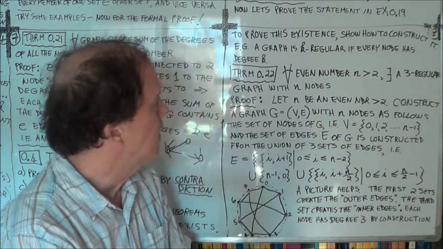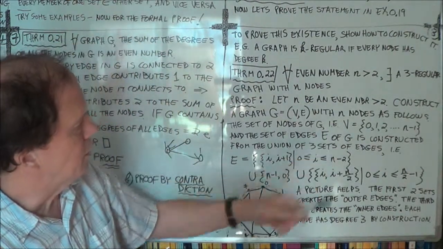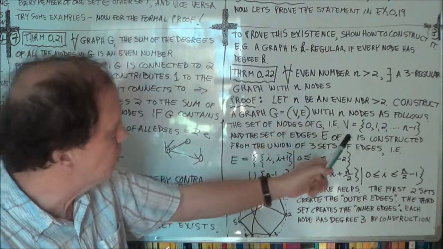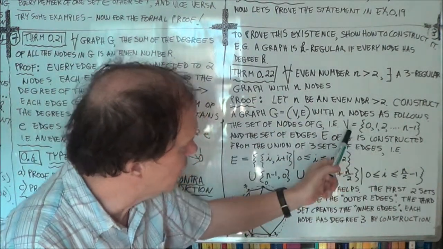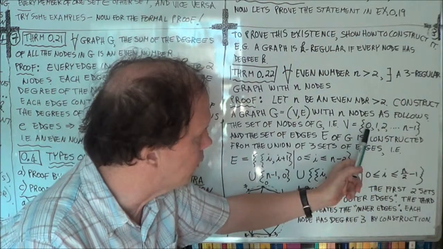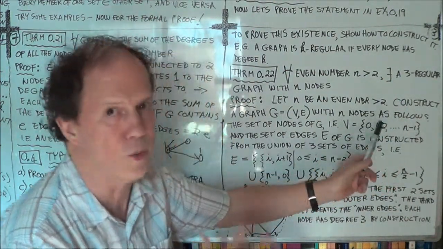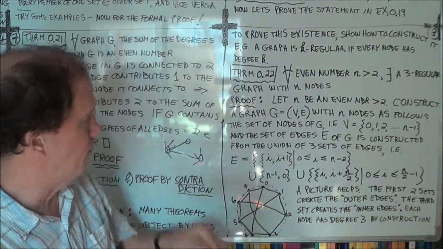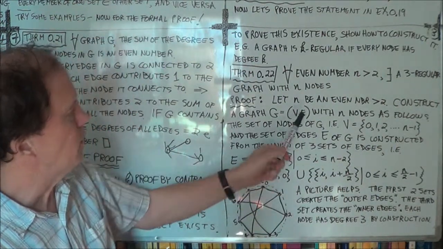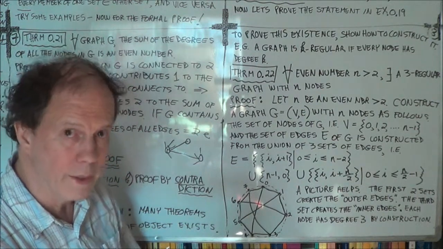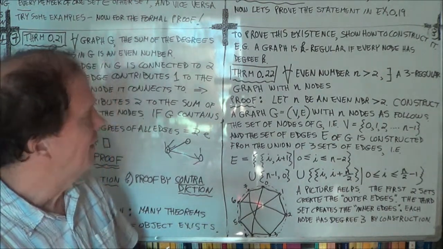Okay? So let's construct a graph that does have n nodes. Here's the set of nodes, and we'll just label them from 0 to n minus 1. So that's pretty easy, right? So we have our n nodes. That part's been done. Now the second part is the set of edges. Now that's the trickier part, a lot trickier.